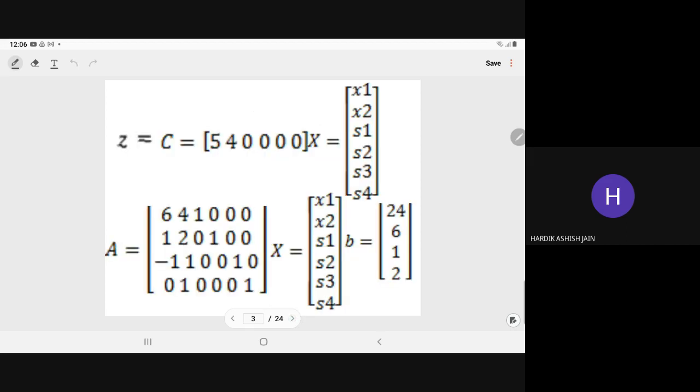So that is the matrix representation. Here I have already written: c equals 5, 4, 0, 0, 0, 0; x equals x1, x2, s1, s2, s3, s4; A is this coefficient matrix; and b is on the right-hand side.